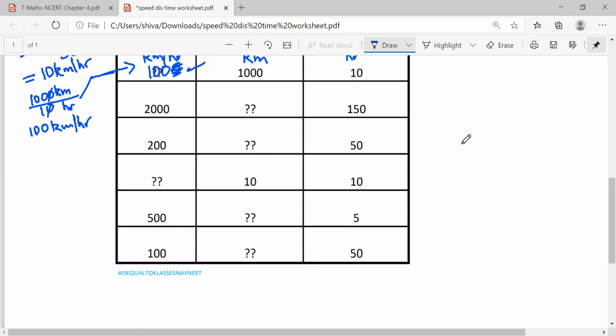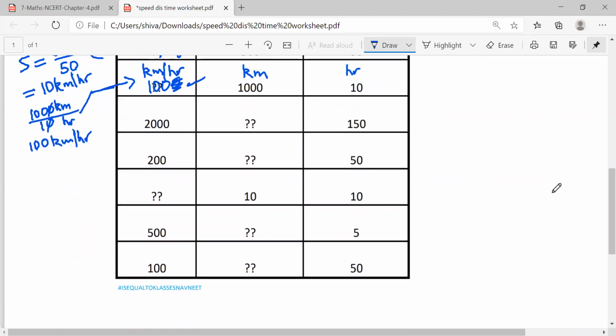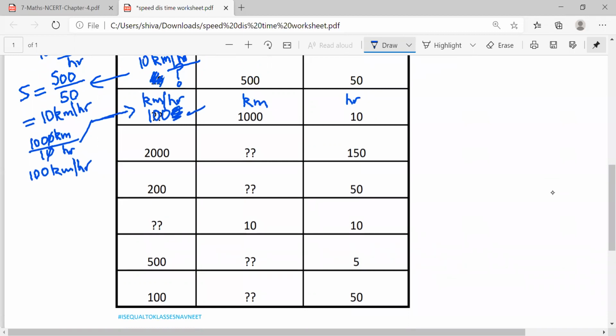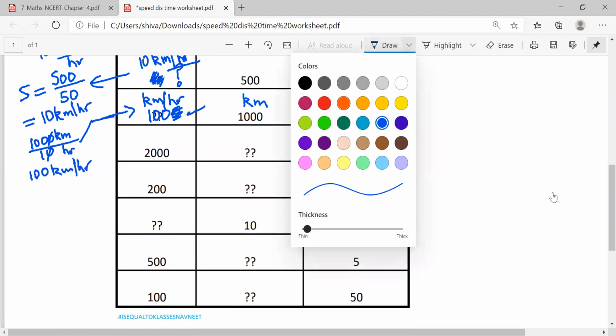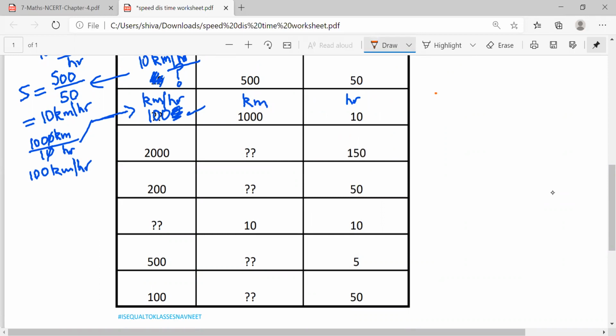Next question. What is the distance? 3 lakh kilometers. Okay. So the distance would be speed into time. My speed is 2000. My time is 150. So my answer would be 15 into 30, and there would be four zeros.